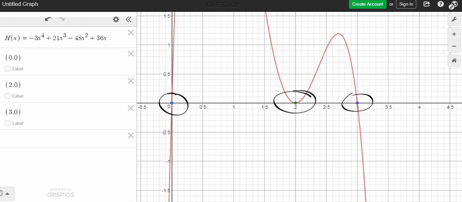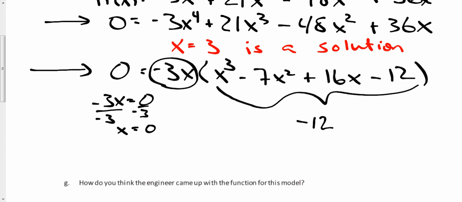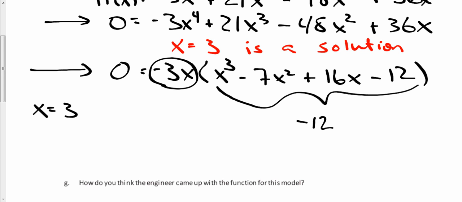Now, I have a solution on the graph. What's my solution I'm going to use? I'm going to use x equals 3. And I'm going to come up with a factor. What does that mean, Tabitha? I'm going to start with a solution of x equals 3, and I'm going to come up with a factor.